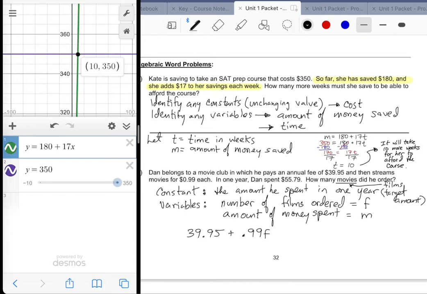And that's going to equal, depending on the number of films ordered, the amount of money spent at any moment throughout the year. So that's our equation. If we set that equal to 55.79 and solve, we get our result.